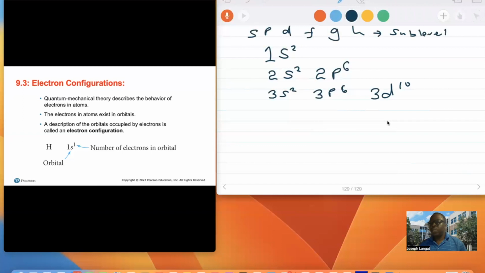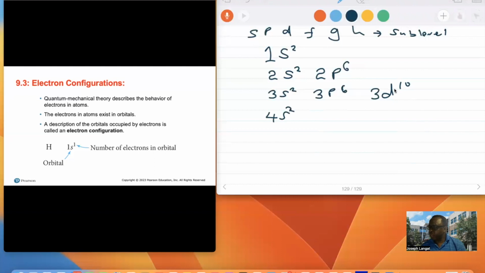And the superscript indicates the maximum number of electrons that can go in each sub-label. For example, S can take only a maximum of 2. P sub-label takes a maximum of 6. D sub-label takes a maximum of 10. So remember that.